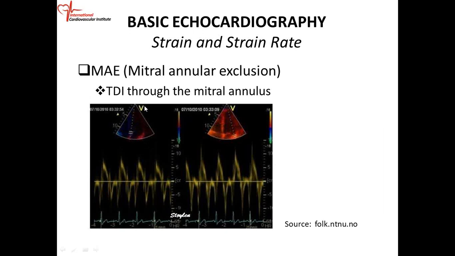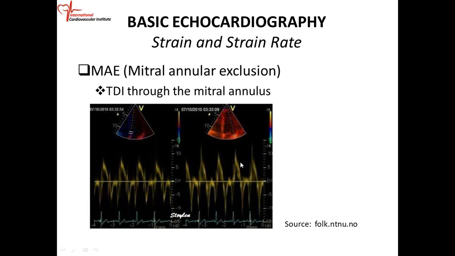Okay, so it moves towards the transducer, so it's above the baseline, and it's going to have a certain velocity associated with it. And then in diastole, you have two diastolic components. You have your early diastolic component and your late diastolic component. So we call this S prime, the systolic component, and then the early diastolic component, we call that E prime. The late diastolic component, we call A prime.